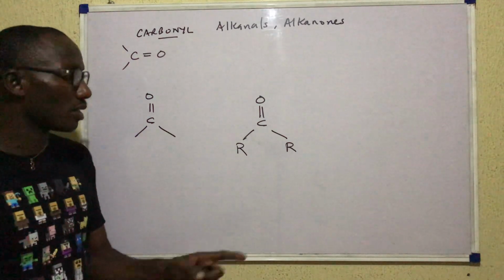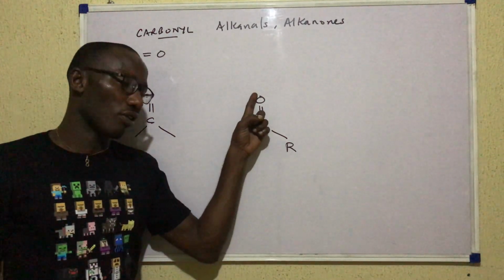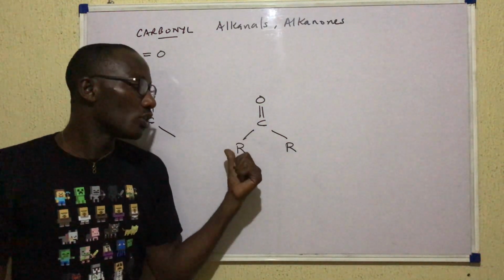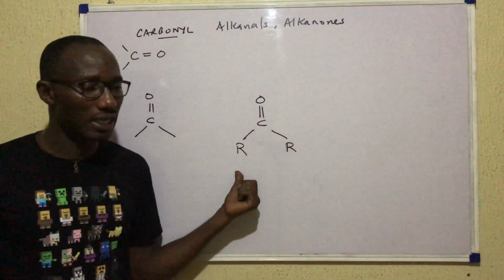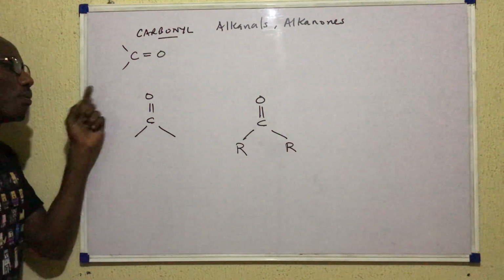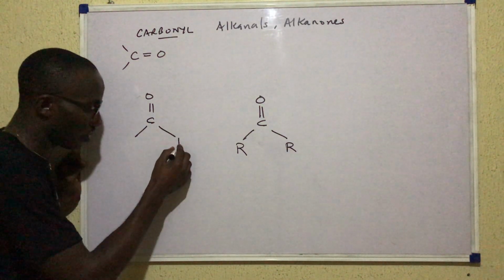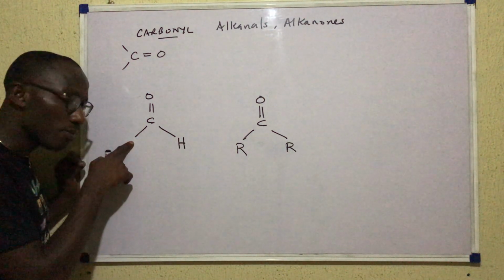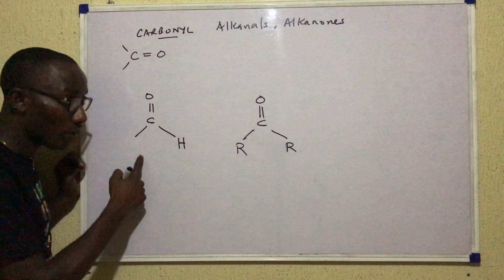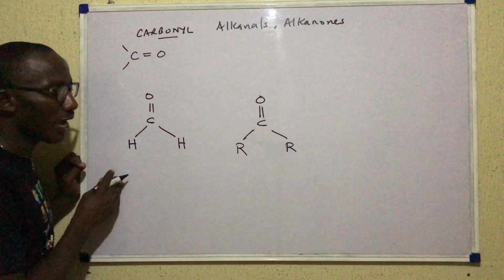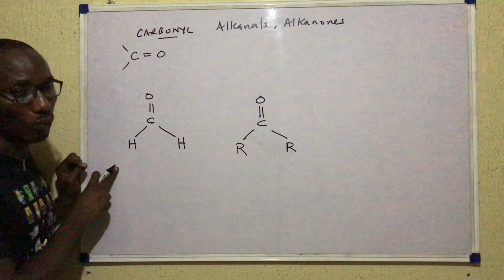In other words, the carbon bearing the oxygen, that's the carbonyl carbon of an alkanone, does not have any hydrogens attached. But the carbonyl carbon of an alkanal has at least 1 hydrogen, which could be this way, so that the remaining position here is occupied by an alkyl group, or both of them are occupied by hydrogen. But that happens in only one case.